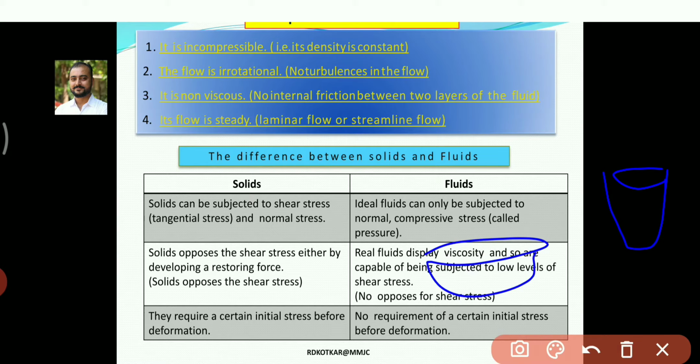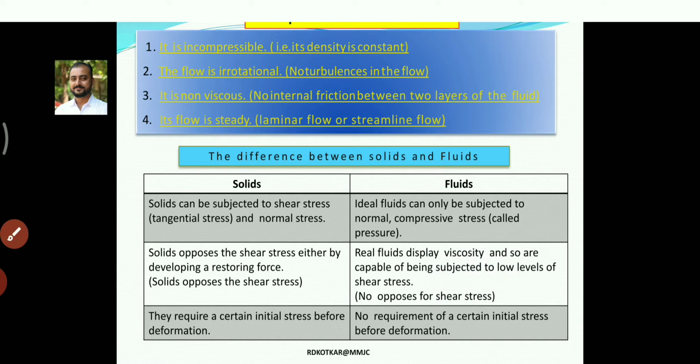What happens? They will not oppose the change of shape. If you pour it in this particular container, it will take the shape of that container easily.